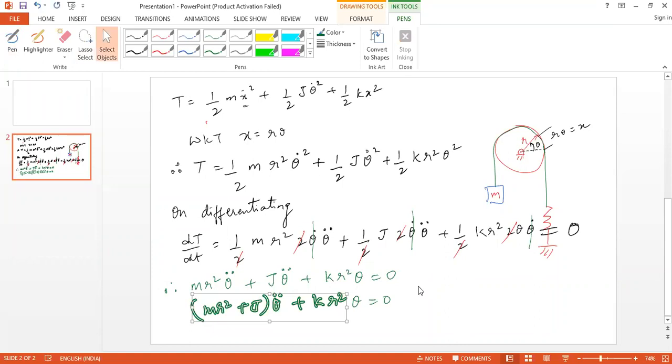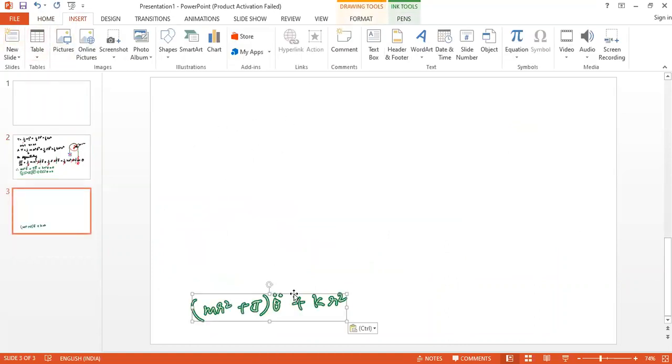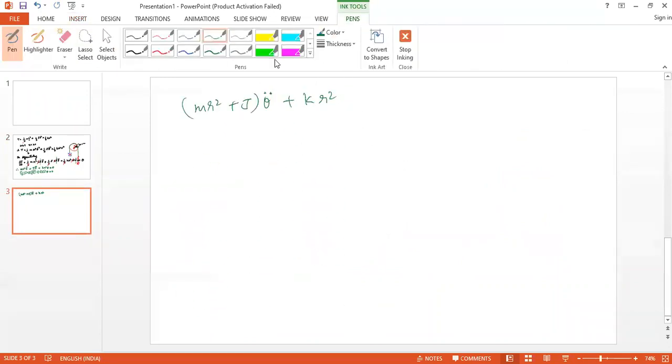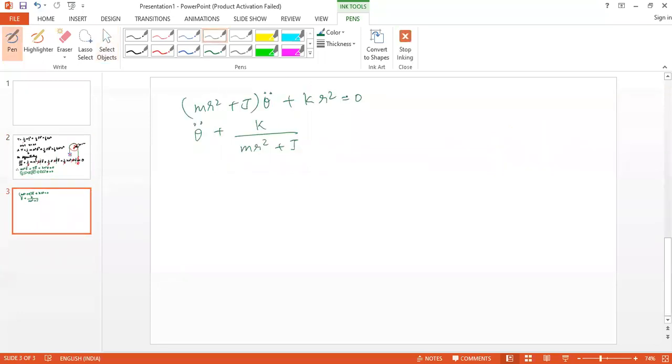Is this fine? Okay, that is equal to 0. Or theta double dot plus k r square divided by m r square plus J into theta that is equal to 0.